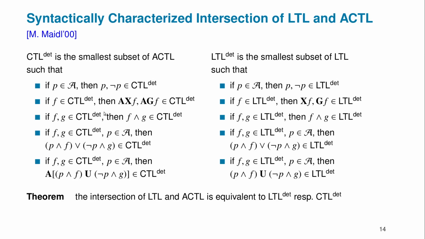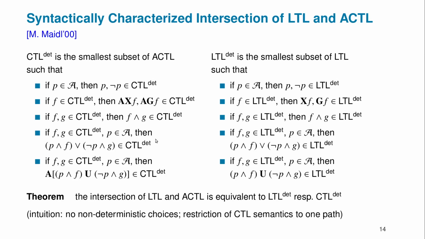So we prohibit somehow the branching by using the guards here. And this gives us a very concrete way of finding an equivalent LTL formula for a given CTL formula, in case there is one.